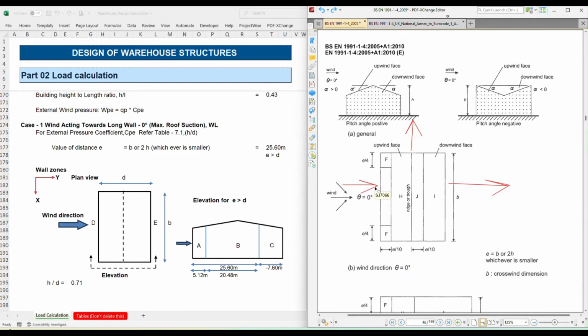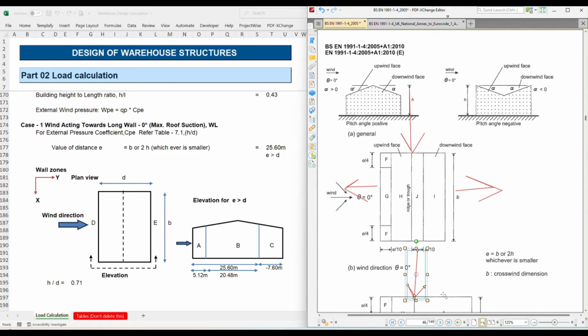Similarly, if the wind is blowing from here, this is the next case. Then this side will be suction, this side also suction, and this one also suction. Suction is when the external pressure is acting away from, or pulling, the structure face.